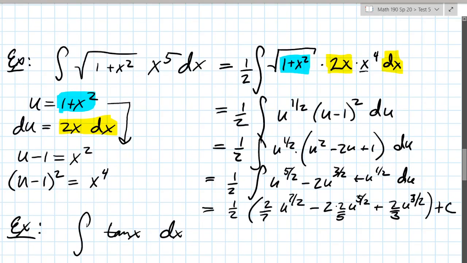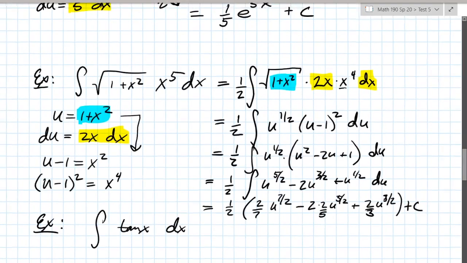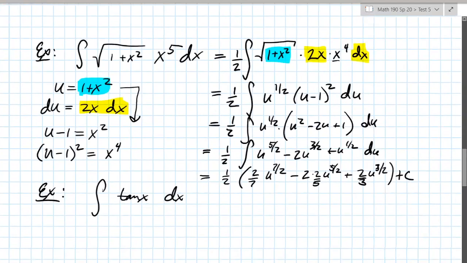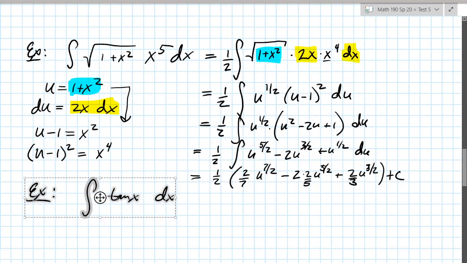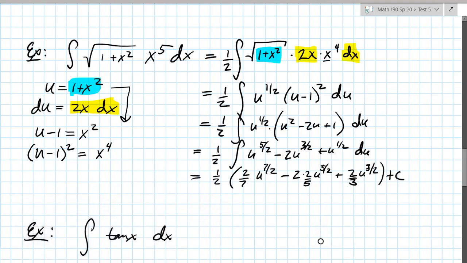And then don't forget plus c. And then the last thing to do to finish this problem would be to substitute in what u is equal to in terms of x. Notice each of these pieces has a 2 in the numerator, so I'm going to distribute and cancel there.